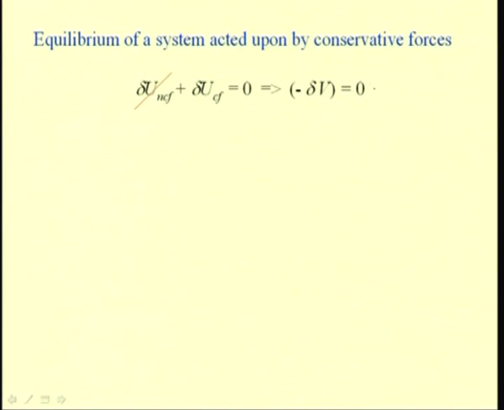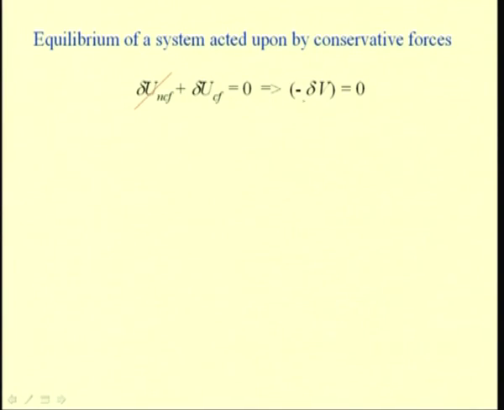So, if we have systems which have only conservative forces, that is, they constitute masses and only elastic members, then the virtual work equation can be replaced by the condition that the change in the potential energy is 0 for equilibrium, that is delta V, the change in the potential energy corresponding to the virtual displacement, is equal to 0.